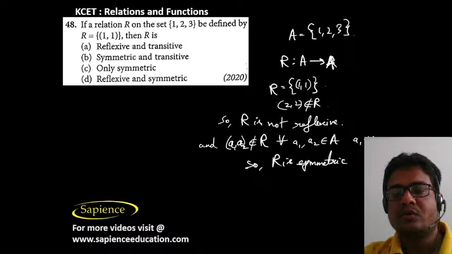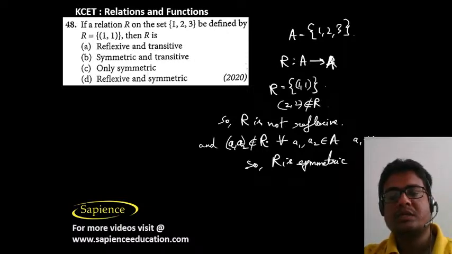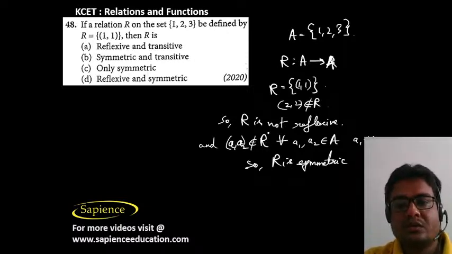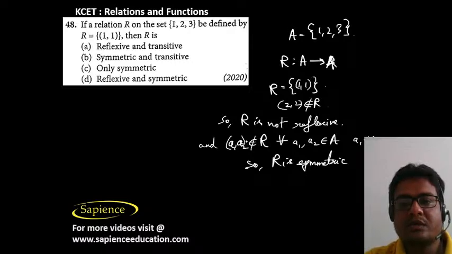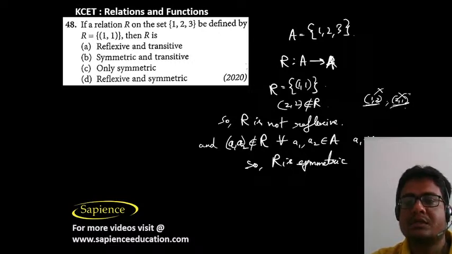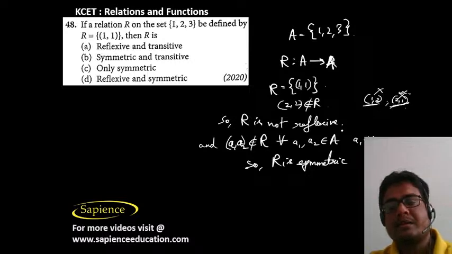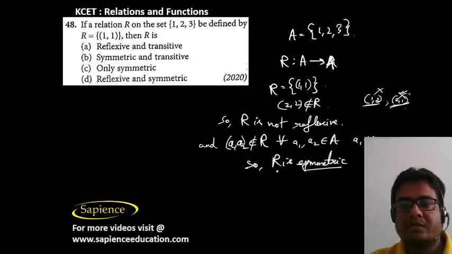Since if (a1, a2) belongs to R, then (a2, a1) should belong to R also. Here, if (1, 2) is there, then (2, 1) also should be there. But since (1, 2) is not there, it is not necessary that (2, 1) should be there. So R is symmetric.